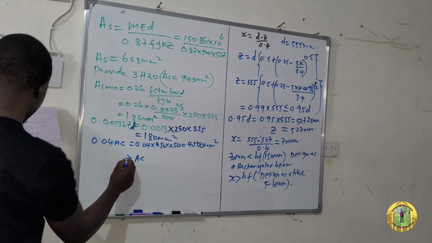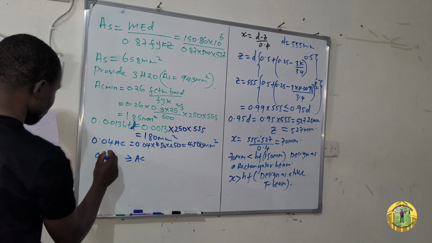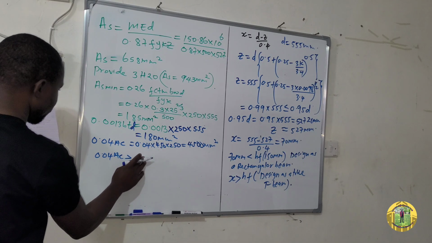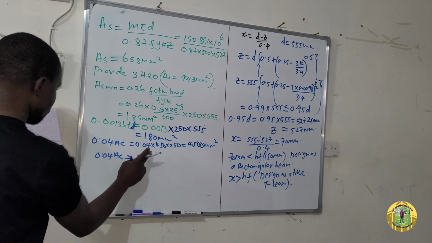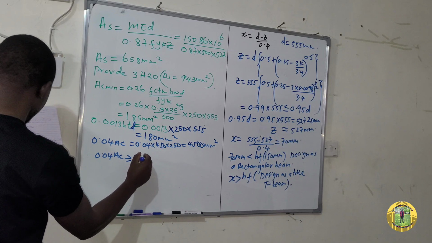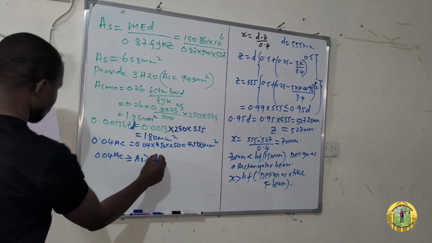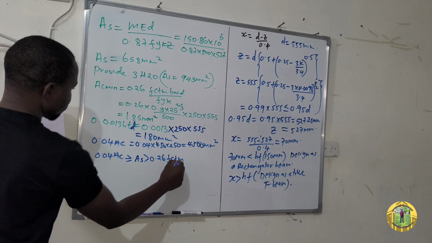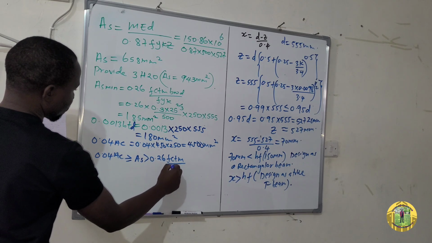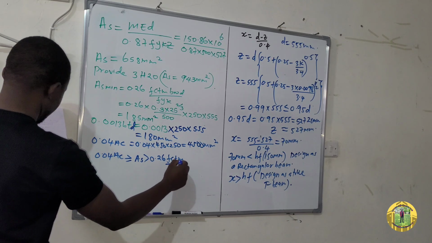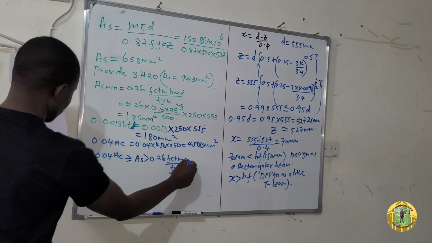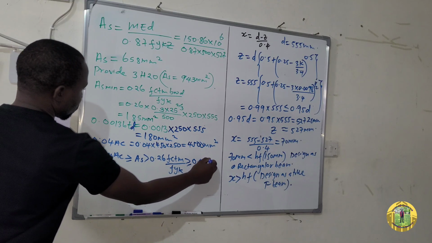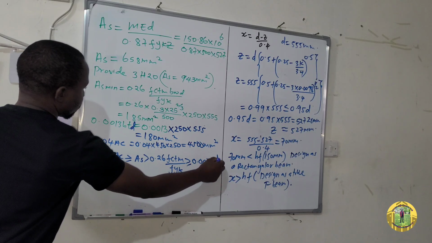Therefore, area of steel is less or equal to 0.04 AC, which is greater than 0.26 FCTM over FYK, and it is less or equal to 0.0013 BTD.